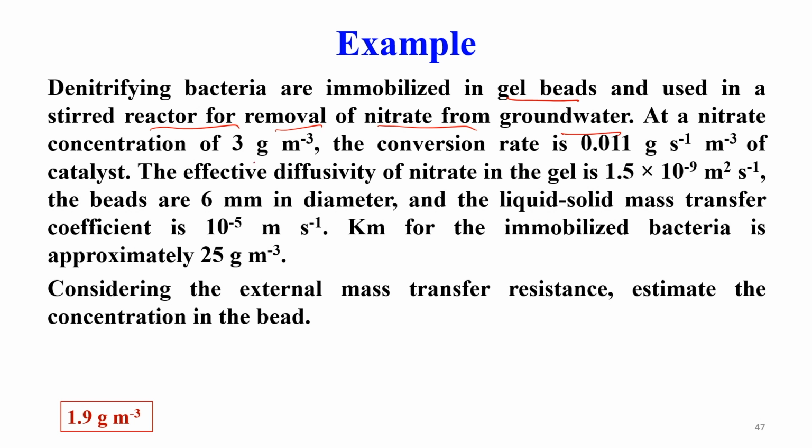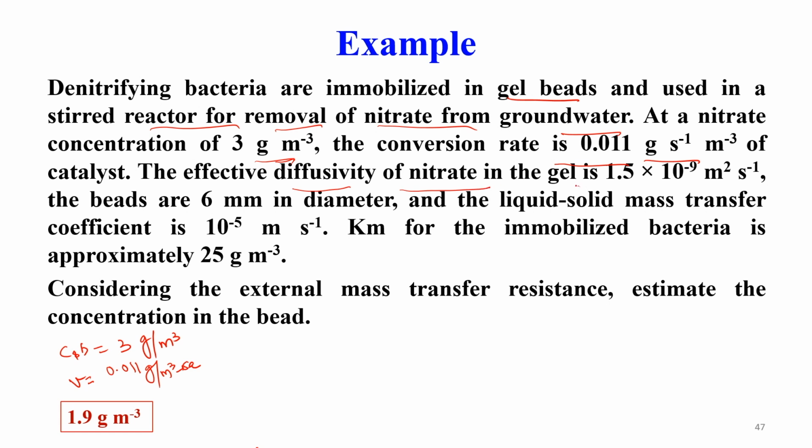At a nitrate concentration of 3 gram per meter cube, Csb is 3 gram per meter cube. Conversion rate V is 0.011 gram per meter cube into second.